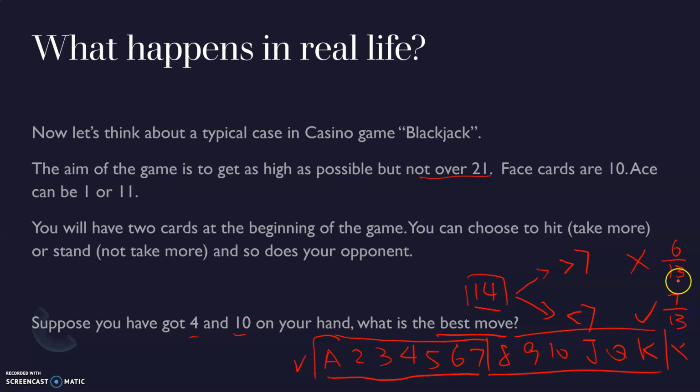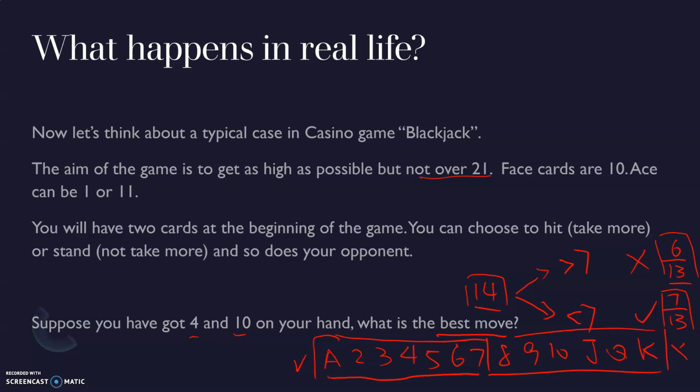So if we think about it, the probability of getting a good situation is bigger than the probability of getting a bad situation. So that means at this stage, it will be a good idea to pick another card, because 14 is still small. There's a chance that we get another card and then we can get to a higher total without busting.